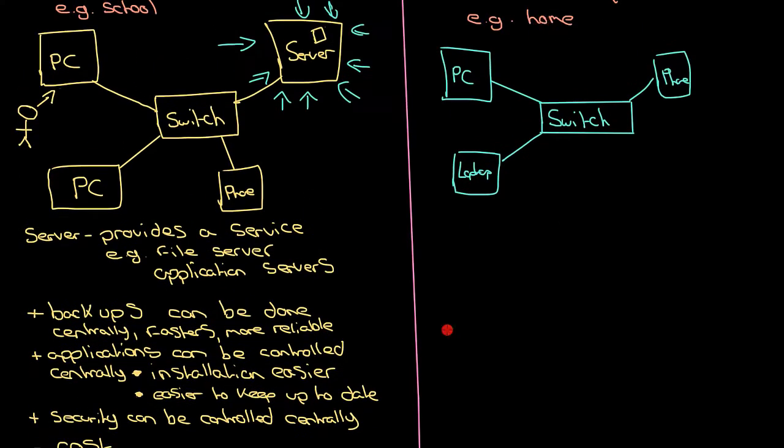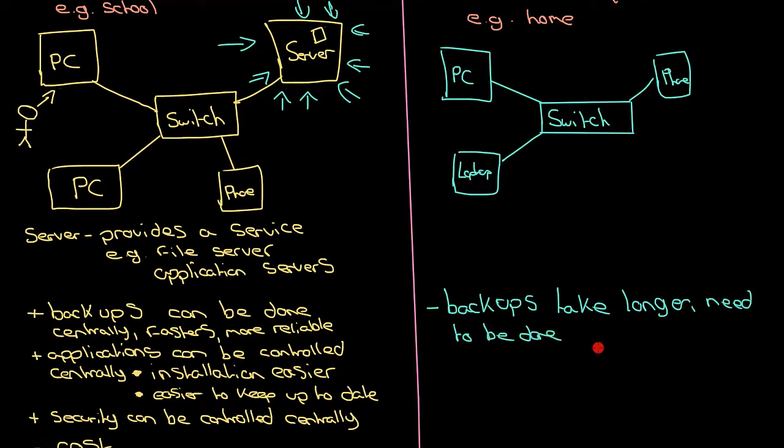Okay, so when we're comparing and contrasting this to peer-to-peer, really it's just the opposites that we have to think about here. So for example, backups can't be done centrally, so they take longer to do, and you are much more likely to miss a file because you have to worry about backing up several different devices on that network. And like I said, we really are dealing with opposites here. So your programs and files on each computer might be different.